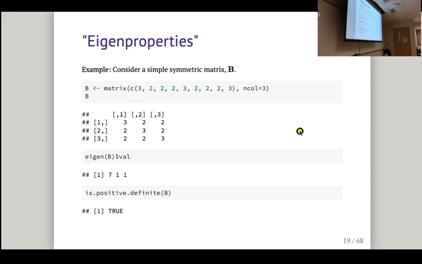Can we perform matrix operations on things like tables, or does it have to be a matrix? It depends on the function. So the question was, can we perform matrix operations on things that are classified as tables in R, such as tidyverse data frames?